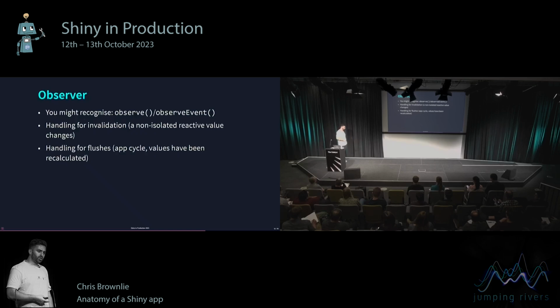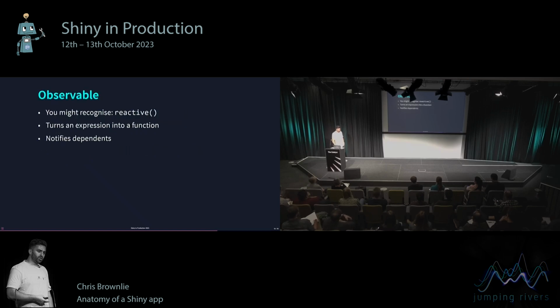So it watches for something to change and then runs some code in response to that. Other objects invalidate observers. So reactive vals and observables, which are on the next slide, can interact with objects of the observer class and invalidate them. So it watches for things to change and then performs an action in response to that.